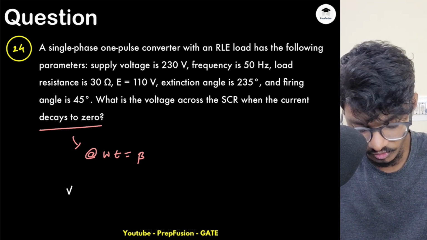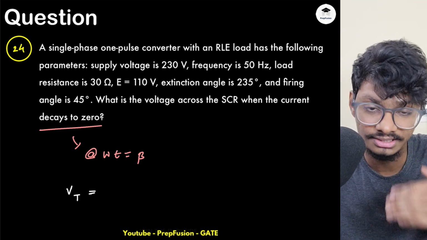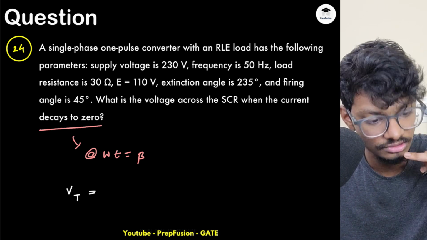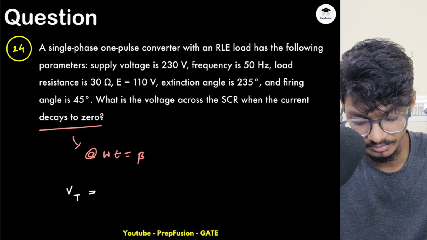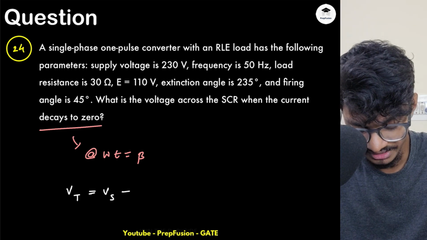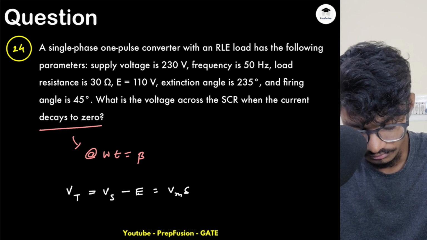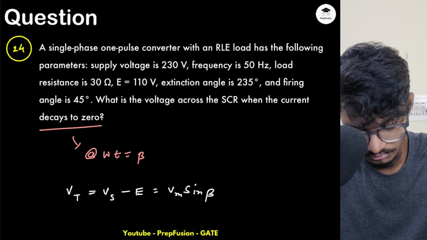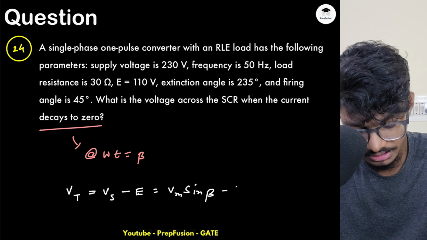So what is the equation for the voltage across the SCR? As soon as current goes to 0, the change in current is also 0. So voltage across the inductor will also be 0. And as the current is 0, the voltage across the resistor will also be 0. So voltage at the cathode side will be simply E, and voltage at the anode side is always Vs. So it will be Vs minus E equals to Vm sine beta minus E, right?